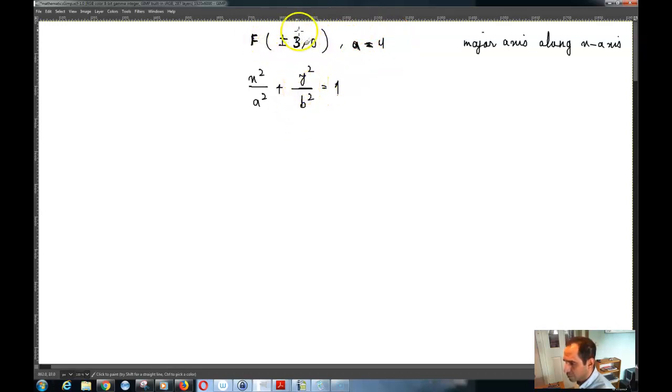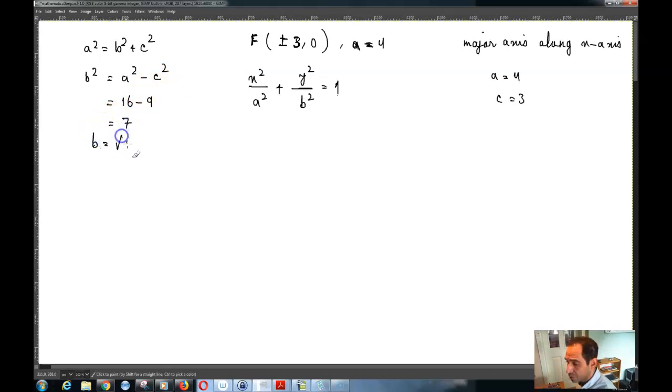Based on this, I know that my a is equal to 4 and c is equal to 3, because your foci are at a distance c from the center. So I can write a squared is equal to b squared plus c squared. That means that b squared is equal to a squared minus c squared, which is 16 minus 9, which is equal to 7. So b is equal to the square root of 7.